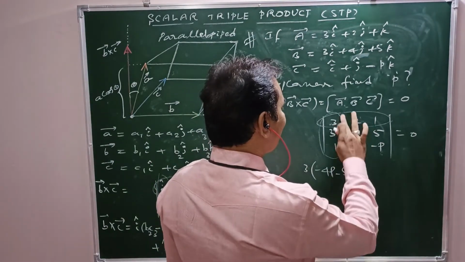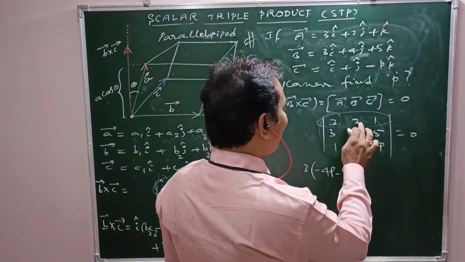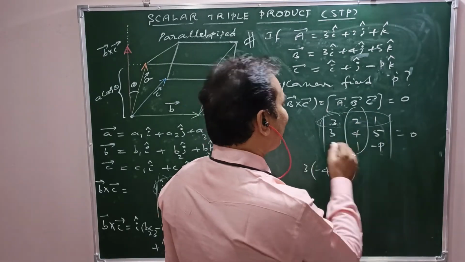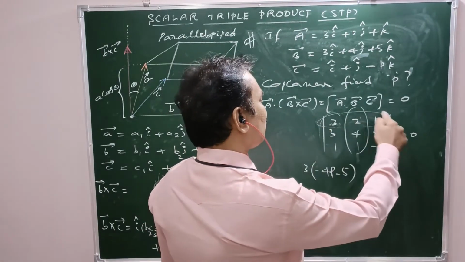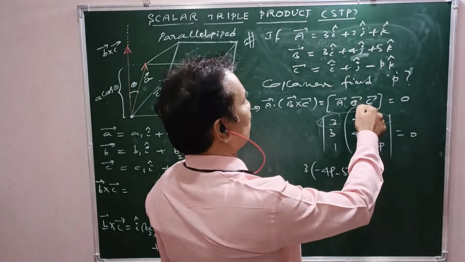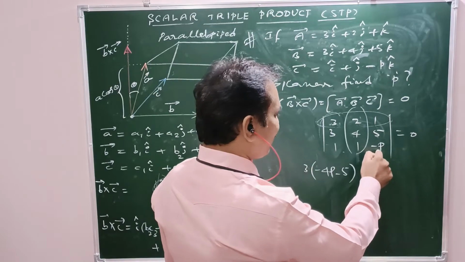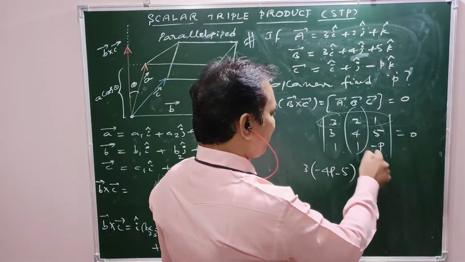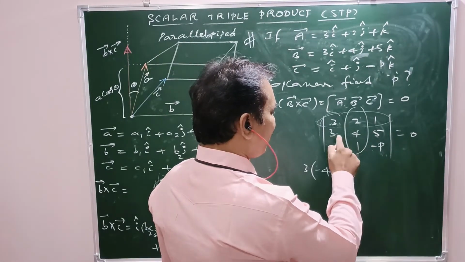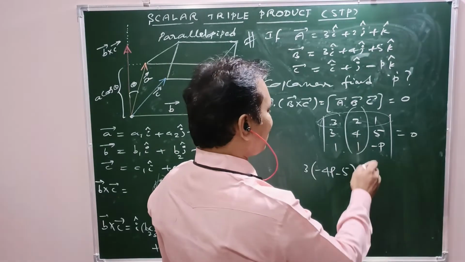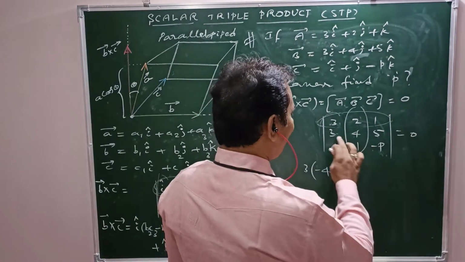This time, exclude the row and column containing 2. Now A, B, C, D. AD means 3 into minus P, that is minus 3P.